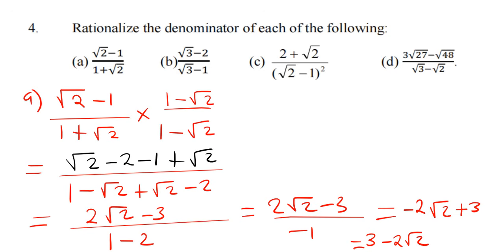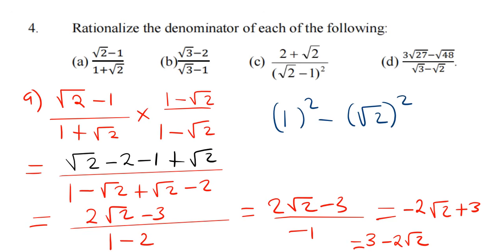But I just want to explain something. The denominator gave us a negative 1. So the other method I was saying, always go for, because it's a difference of two squares, get the one with a negative, which is 1 minus root 2. Then you do squares. So it's going to be 1 squared minus root 2 squared.